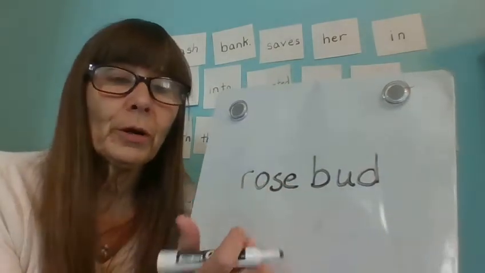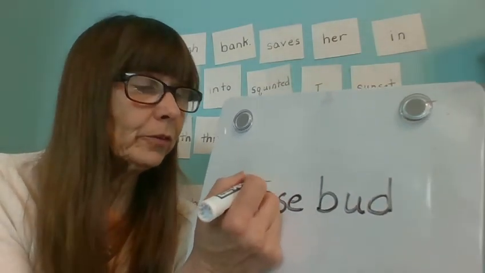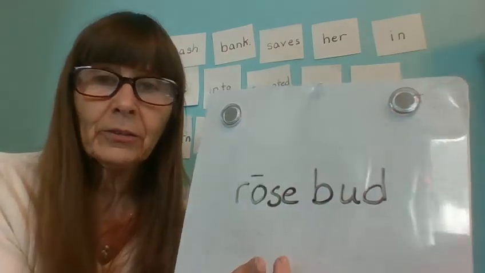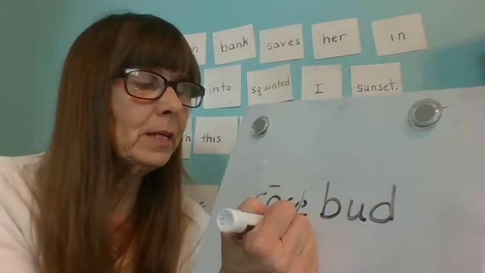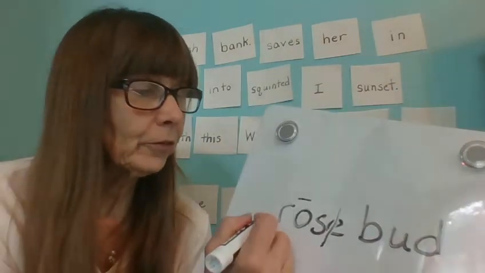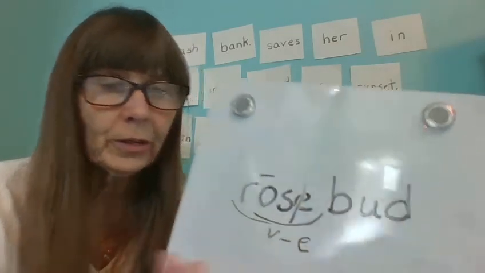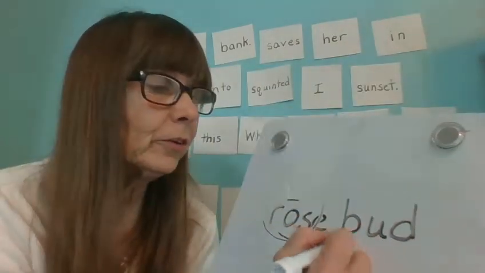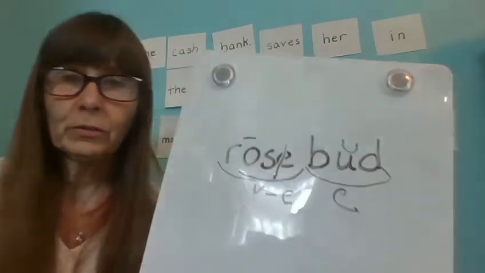In this first part, there is a vowel consonant E. So this is going to be saying its name. It's going to make the long vowel sound. The E is silent. So this is our first syllable. It is a vowel consonant E syllable. This is our second syllable. It's a closed syllable. The U says it's short.